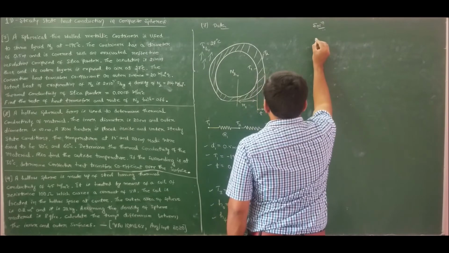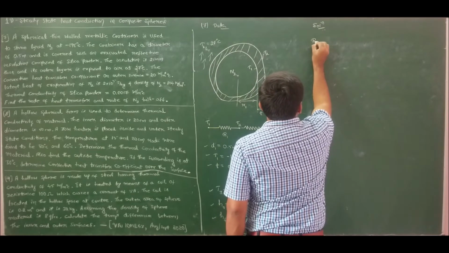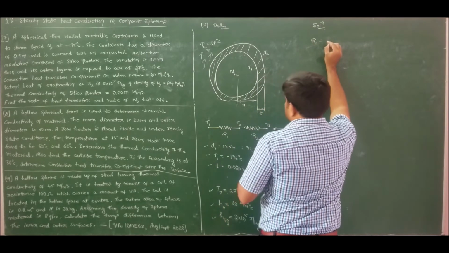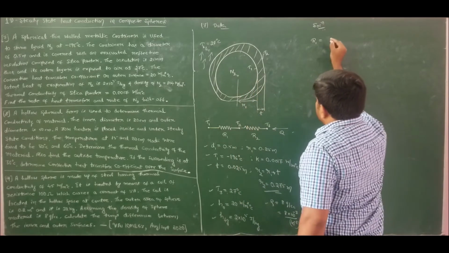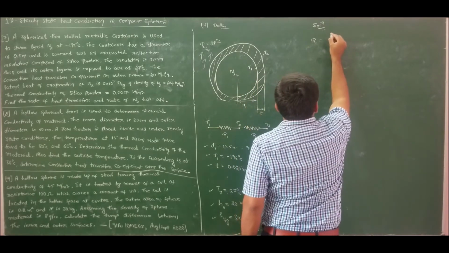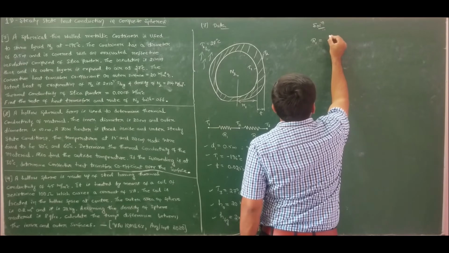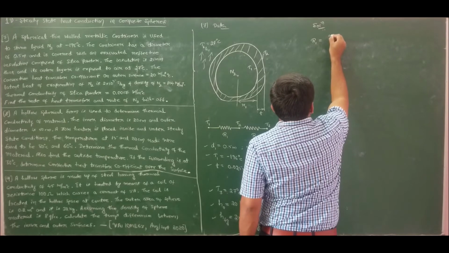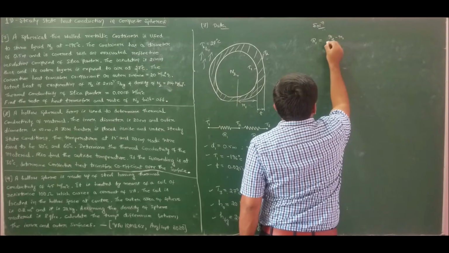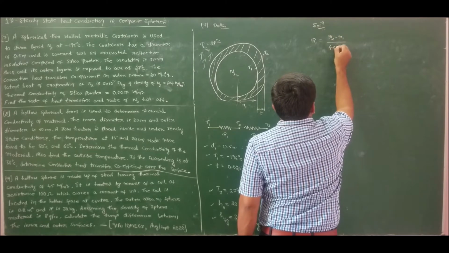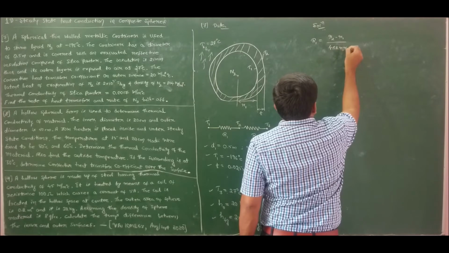We know that resistance R1 is because of conduction. The resistance R1 because of conduction for a sphere is already derived in our lecture 4, recalling which we have the resistance as R2 minus R1 divided by 4 pi k R1 R2.